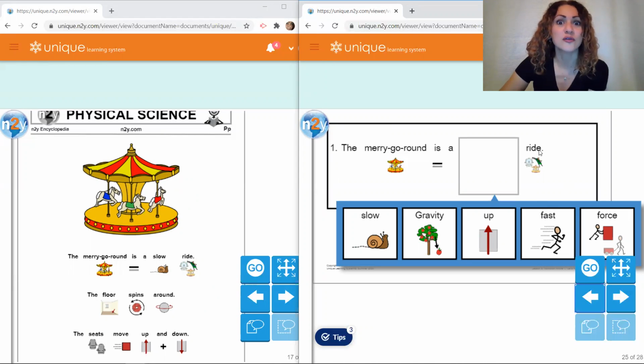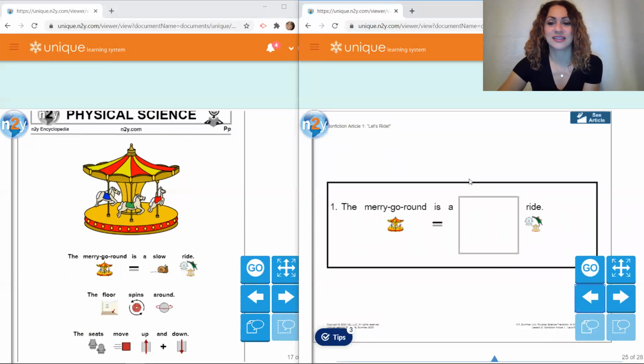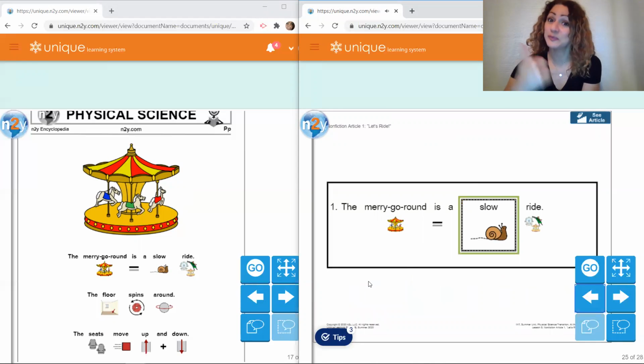Let's go back to our first page and read this sentence. The merry-go-round is a slow ride. Let's click on slow. We got it. Let's reread it. Number 1, the merry-go-round is a slow ride.